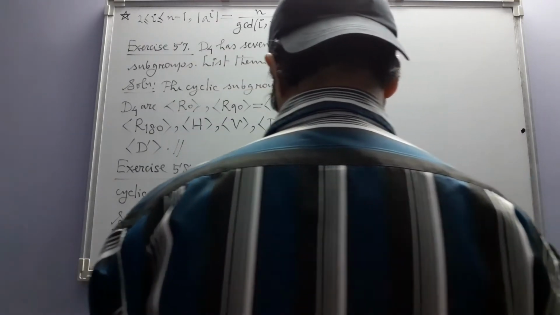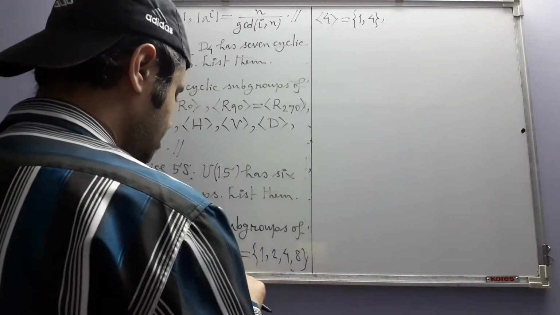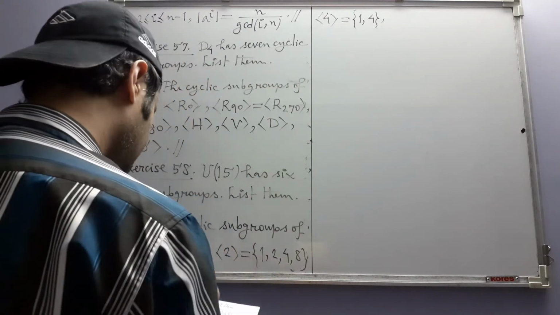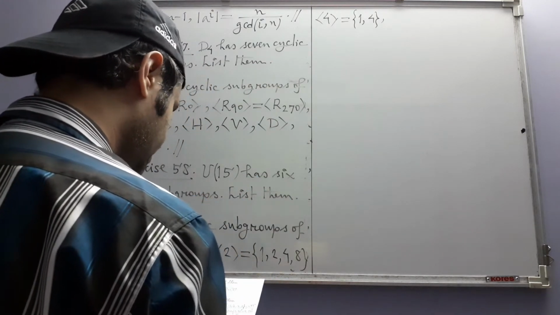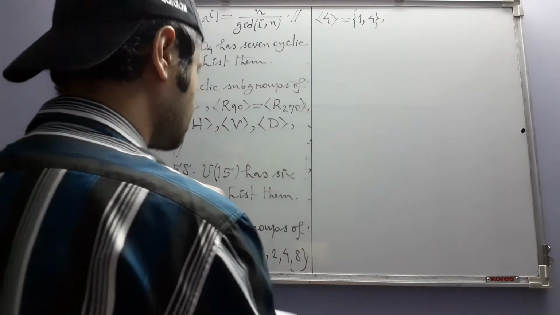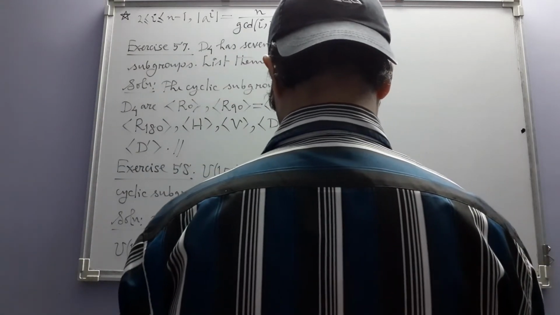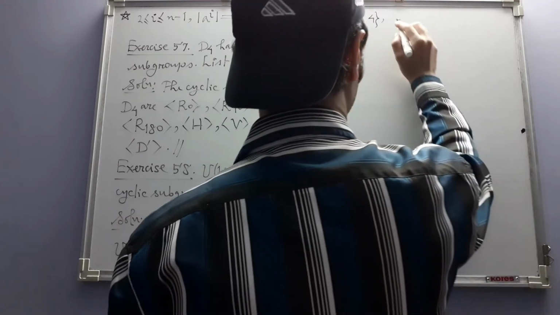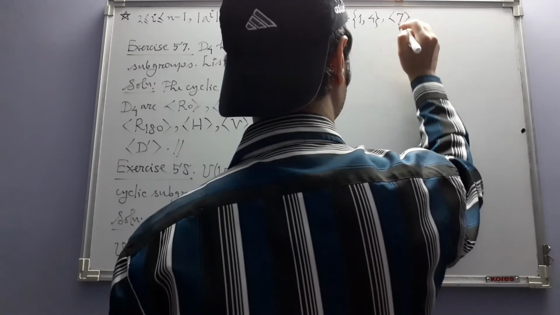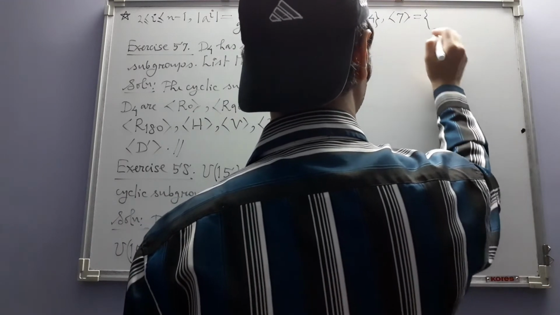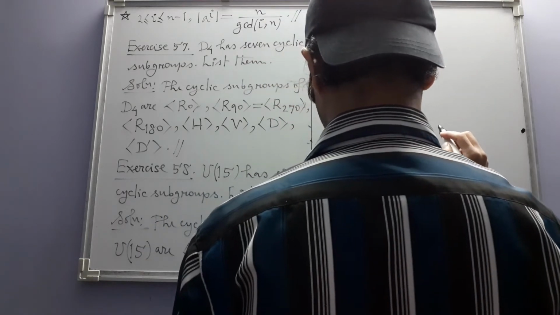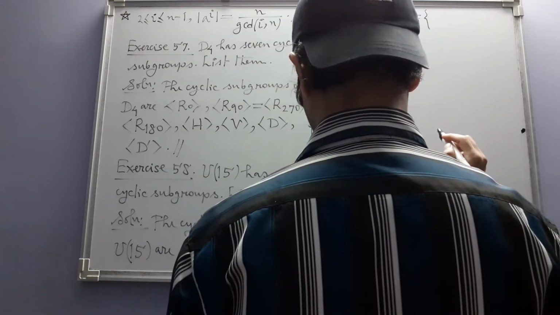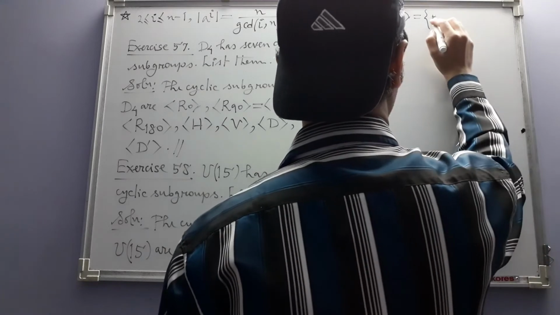The subgroup generated by 8 turns out to be equal to the subgroup generated by 2. So we don't get anything new. Okay. Then the subgroup generated by 7, which has these elements 1, 4, 7 and 13.